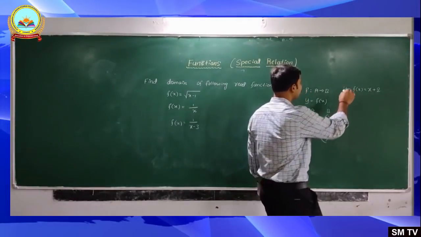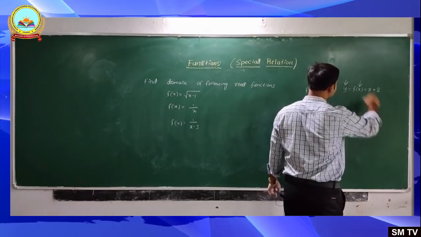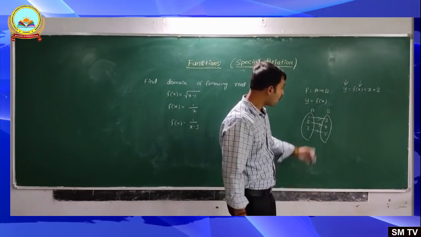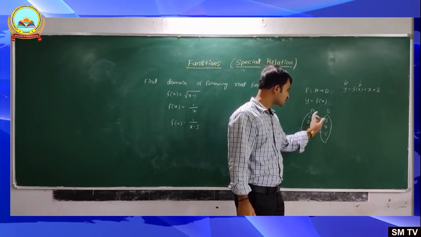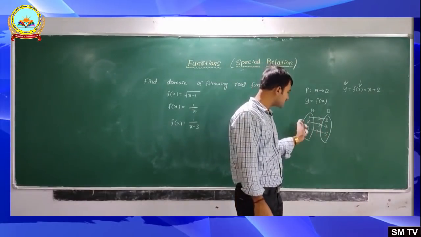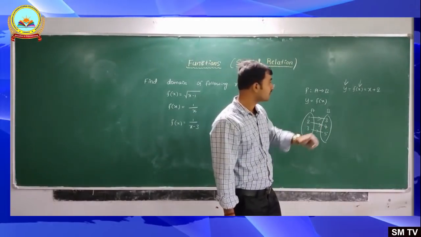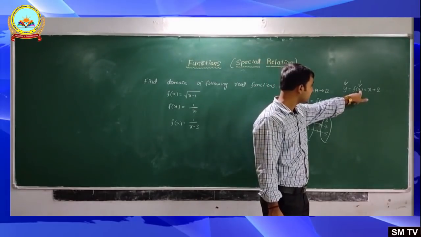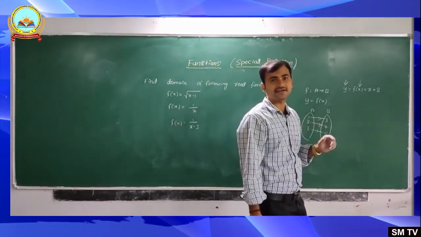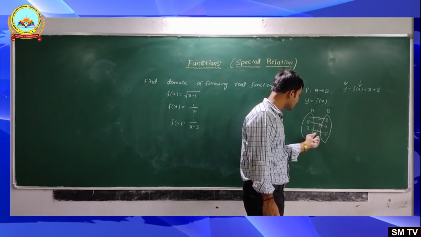Here we call x the independent variable and y the dependent variable. Y depends on x, so the image depends on the pre-image. As the pre-image changes, the image changes. Therefore x is independent, y is dependent. Now from this A to B, it is 1 to 3, 2 to 4, 3 to 5.